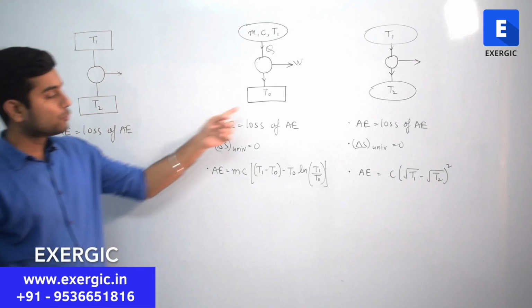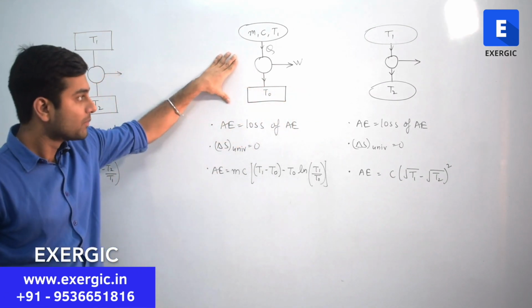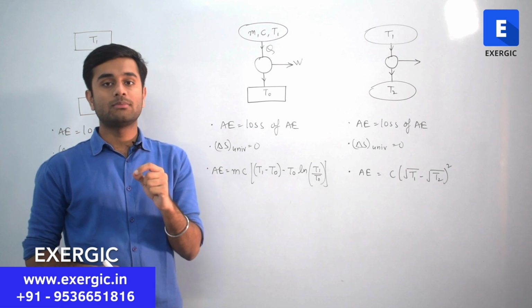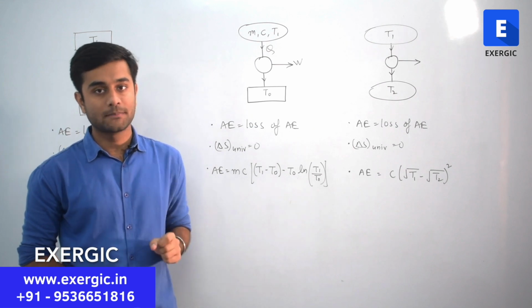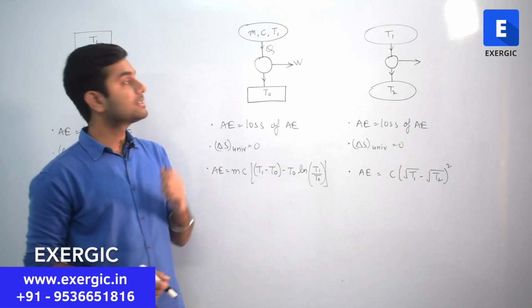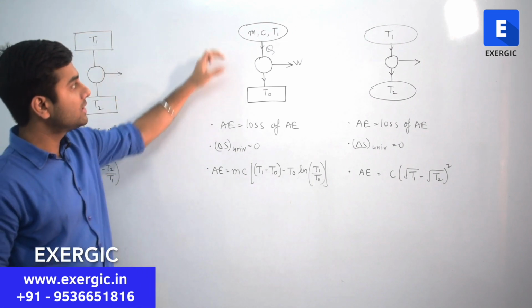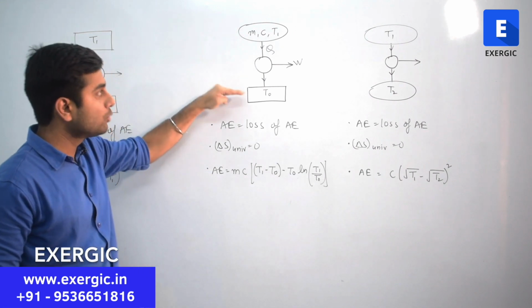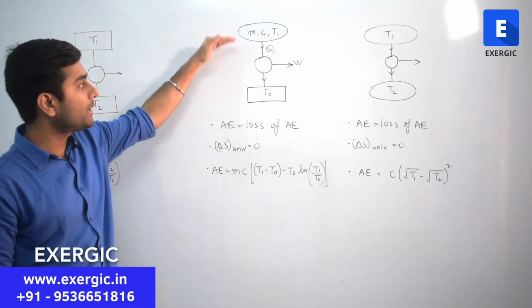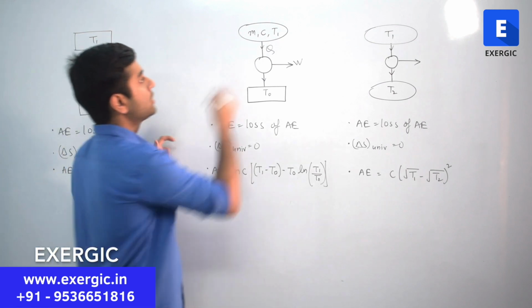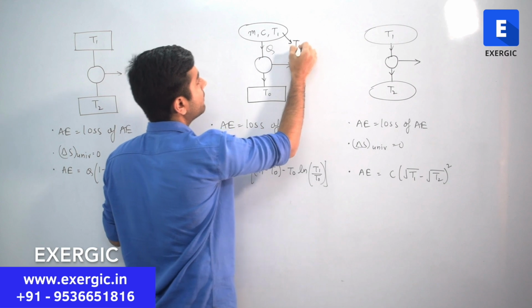Now in these two cases, and especially this case, there is one more type of problem that is likely to be asked. They will not allow this body to be cooled up to T naught. They will stop it at some temperature, let's say T2. So the cooling will only go from T1 to T2.